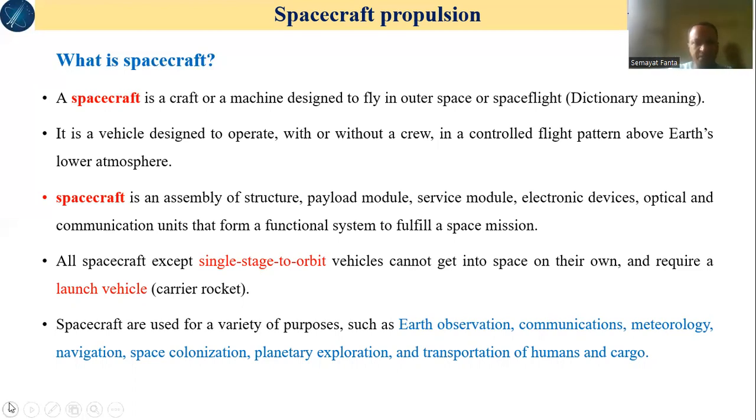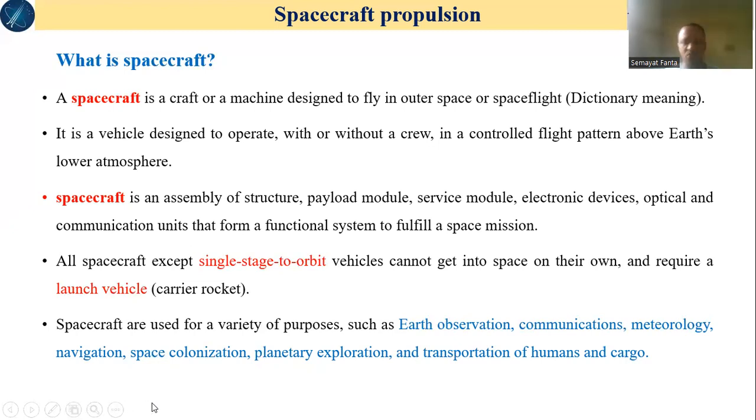So spacecraft are used for various purposes, like Earth observation, as you know, with observatory satellites, for communication, for meteorology, meaning observing weather for forecasting, for navigation, for space colonization as well, for planetary exploration, and for transportation of humans and cargo to space.